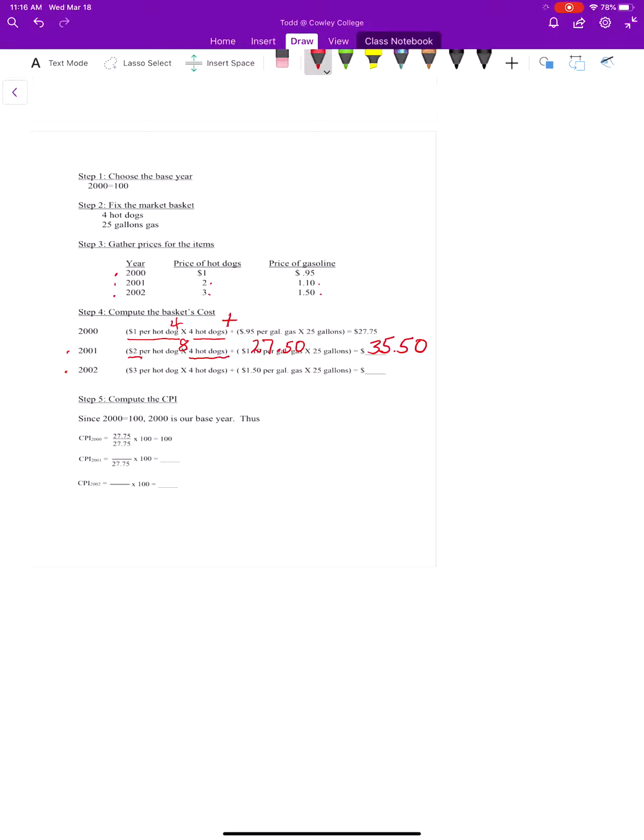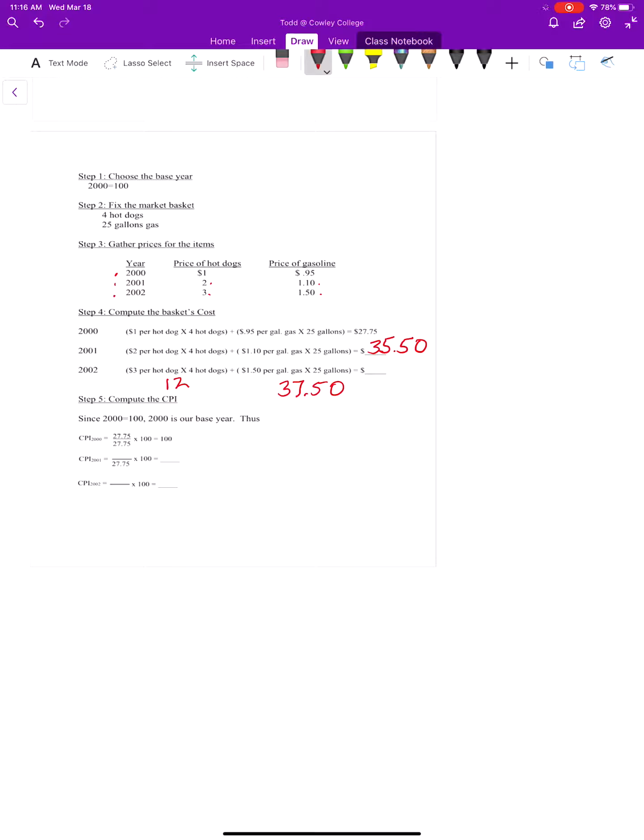All right, same thing for the following year. If we have $3 per hot dog and 4 hot dogs, so that's $12 worth of hot dogs. $1.50 per gallon of gasoline multiplied by 25 gallons is going to give us $37.50 worth of gasoline.